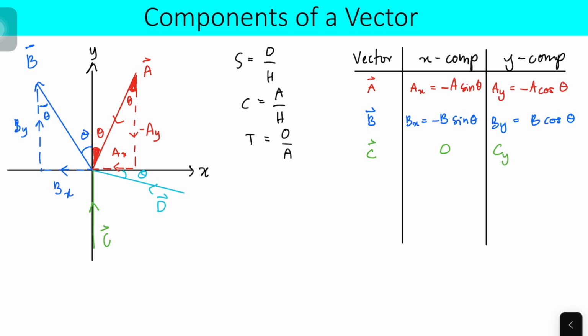But for the y component, it is actually C itself. And the direction of C is positive because it's pointing towards the positive y-axis. Even though it seems like it's lying on the negative y-axis, the direction is pointing towards the positive y-axis.